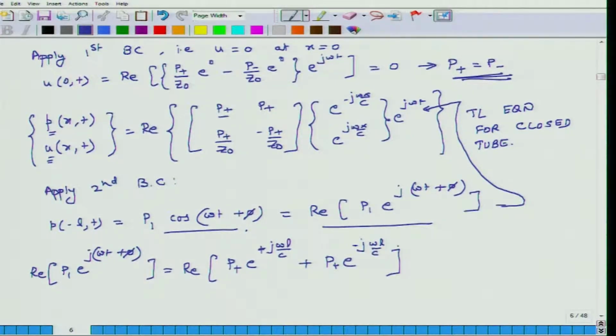And this thing I have to multiply by e j omega t and close the brackets.